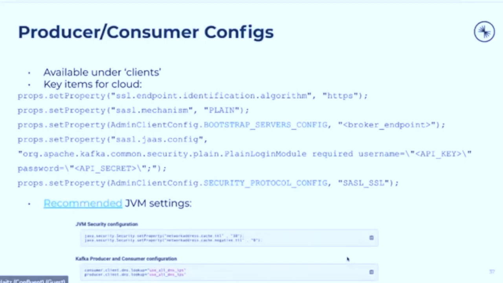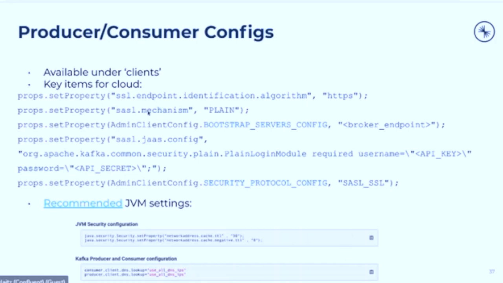One quick look on the consumer and producer config that needs to be set up to connect to Confluent Cloud. We saw this earlier very briefly when I clicked on the Java properties to be created for a cluster.